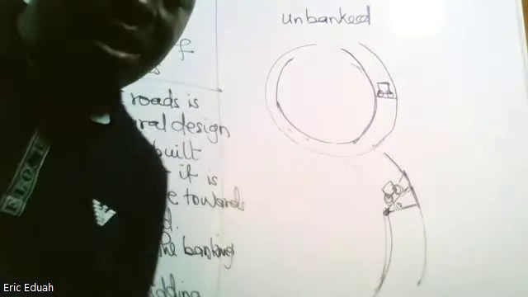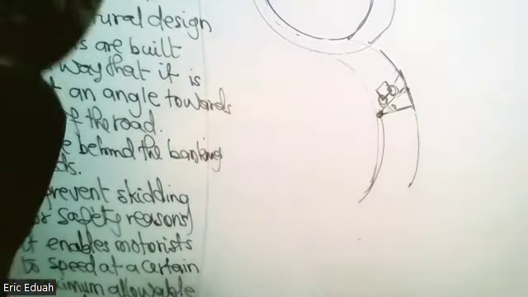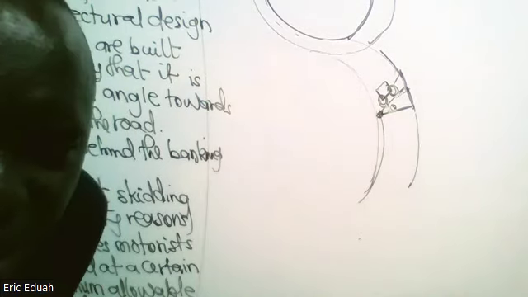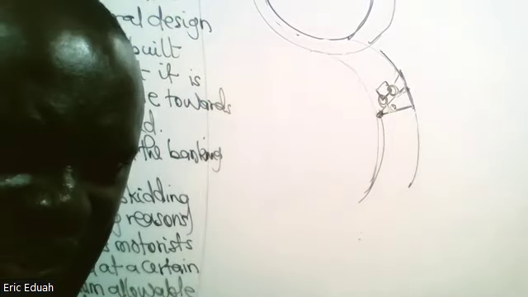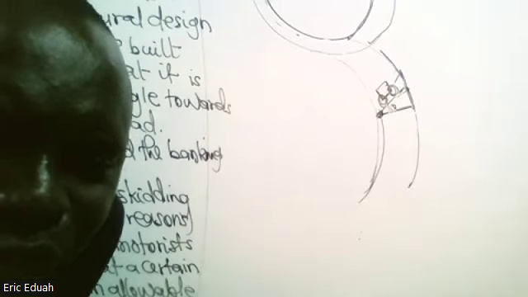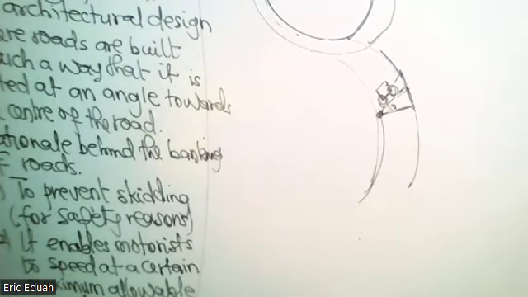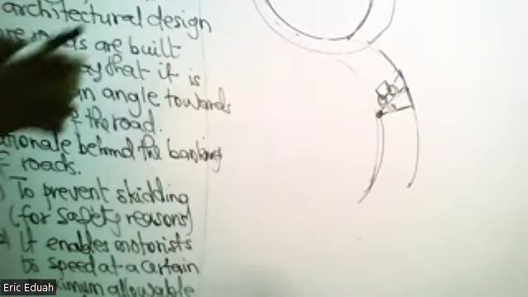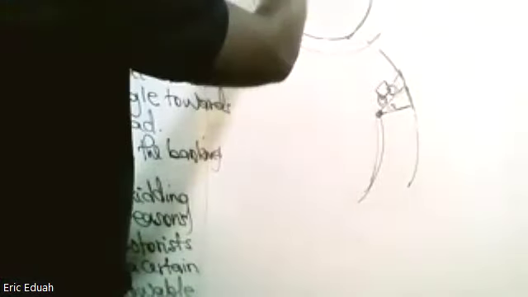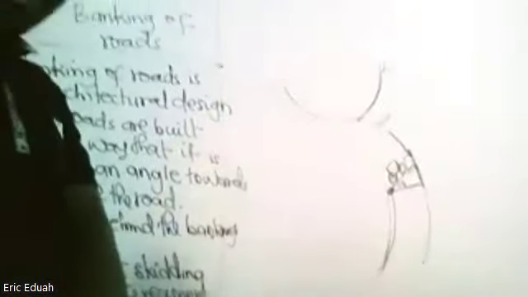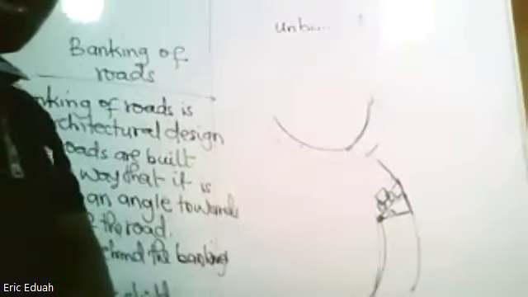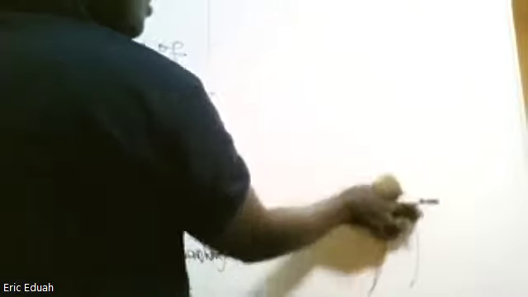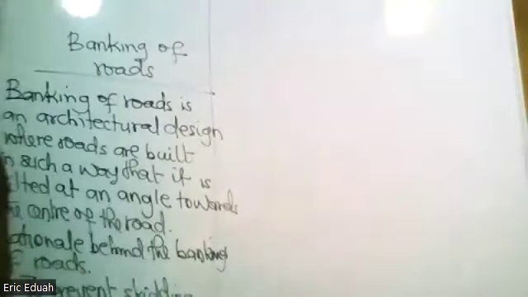And in fact, whenever a road is banked, drivers can make a turn safely without depending on friction. Well, let's add that information too. Whenever a road is banked, drivers can move freely without depending on friction.